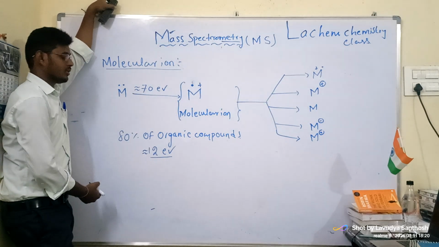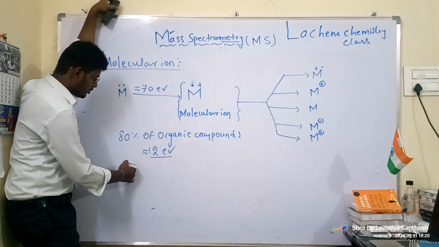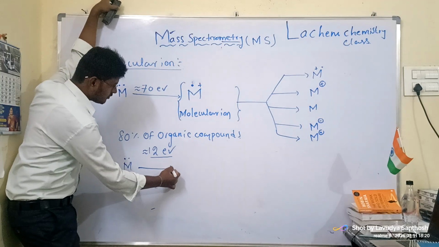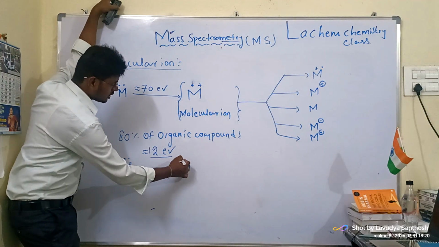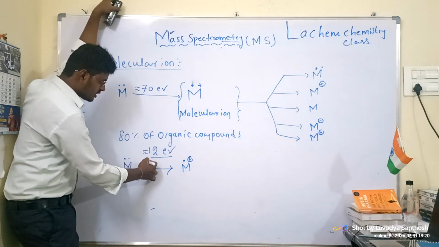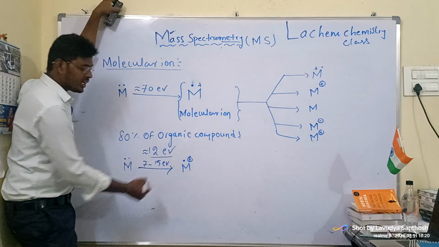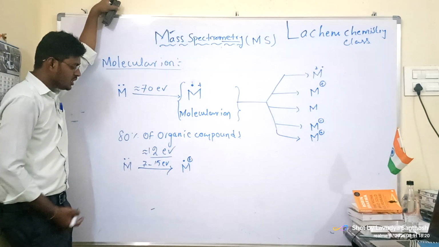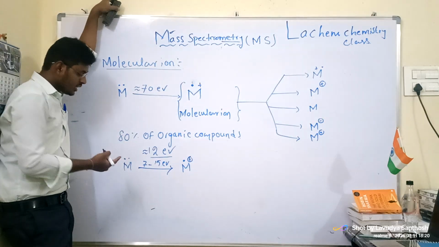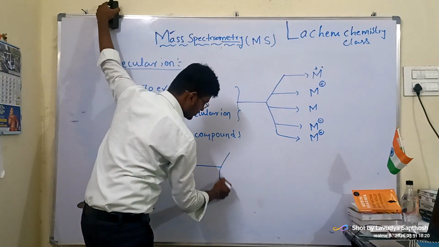Now we see here the energy. If you give energy from 7 to 15 electron volts, you will be converting the molecule into molecular ion, but not causing fragmentation.